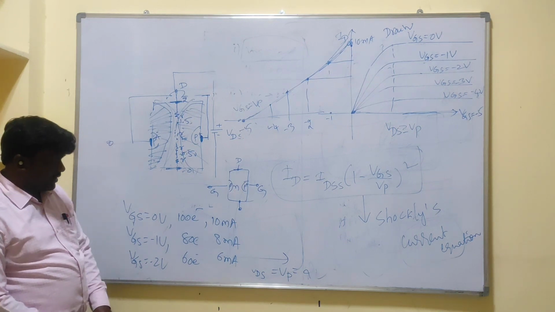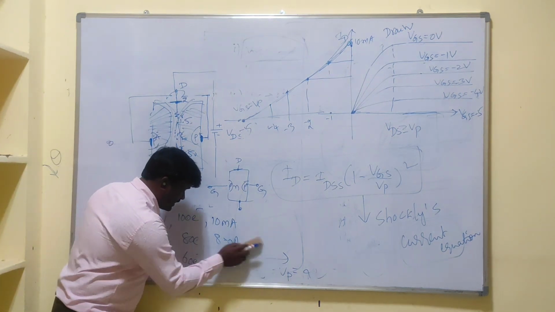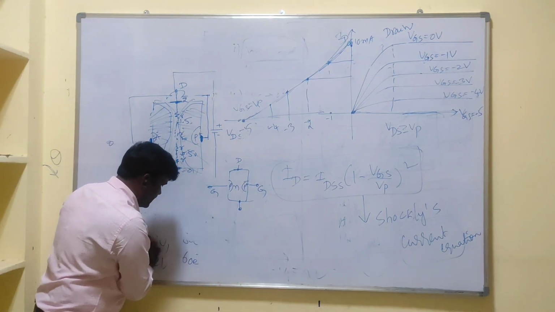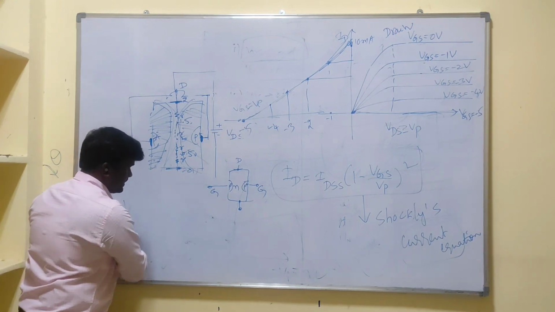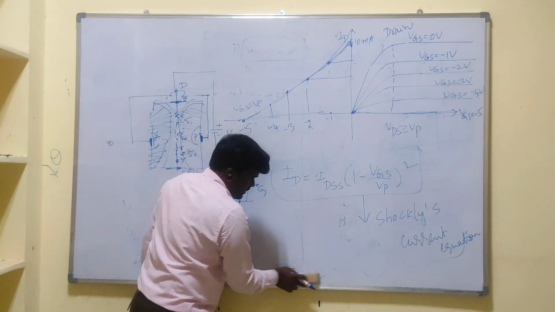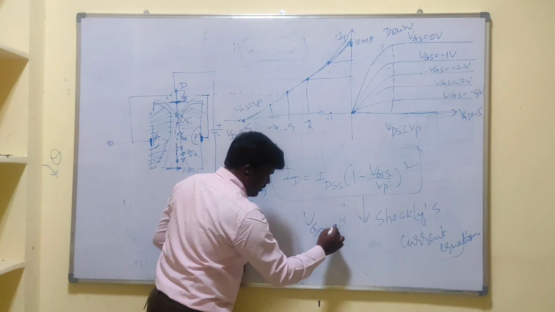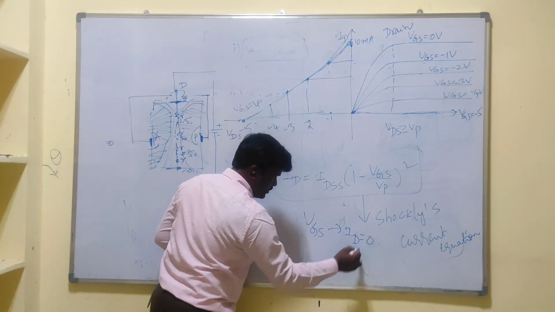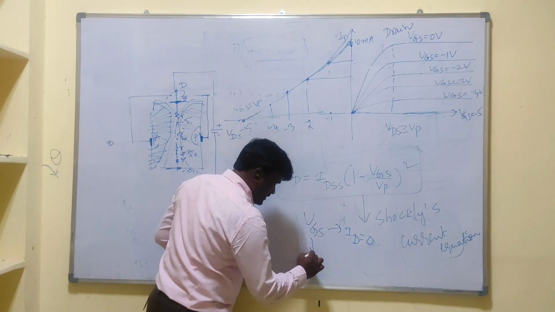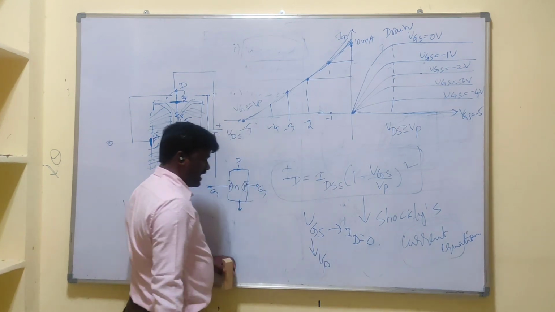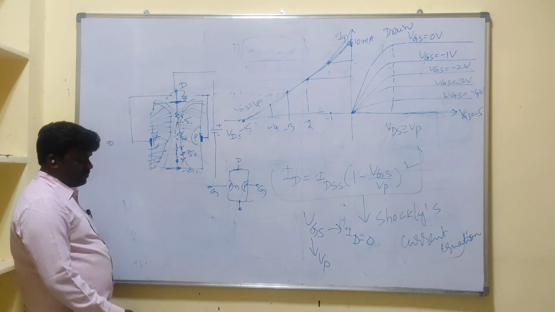And coming to the operation, if VGS equal to 0 volts, in that case only we will get the maximum current if you add the VDS. And at the particular value of VGS, current will become 0, that is ID equal to 0. So that VGS is known as the pinch off voltage, and we derived the expression for the pinch off voltage.